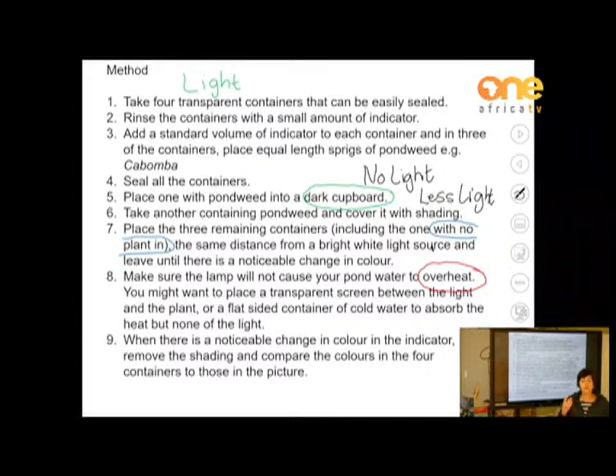Now we can compare if there is also a color change in that container. Otherwise we cannot say it is the plant that is bringing the change. Perhaps it's the availability of light without the plant. And then we cannot say it is photosynthesis that is using the carbon dioxide. Do you realize that? Good.